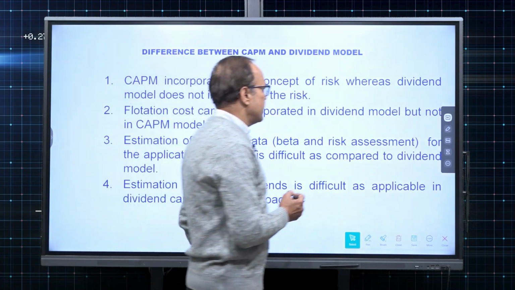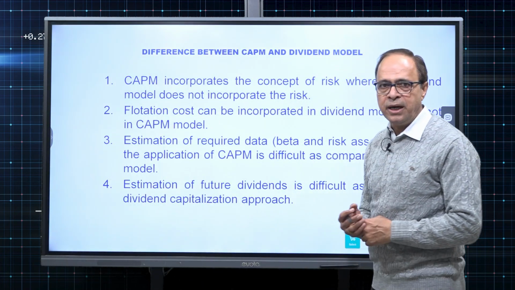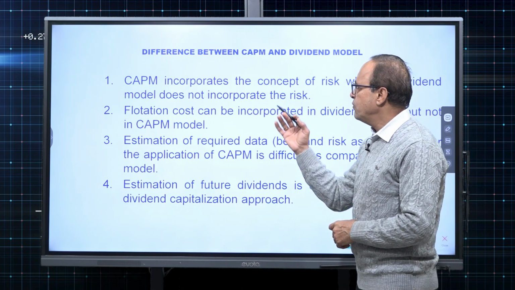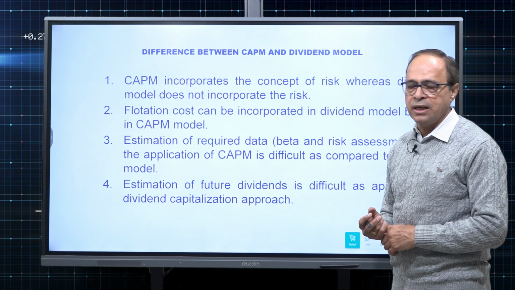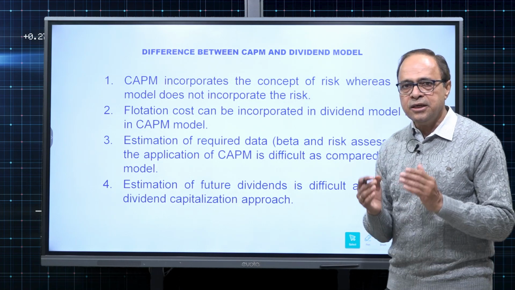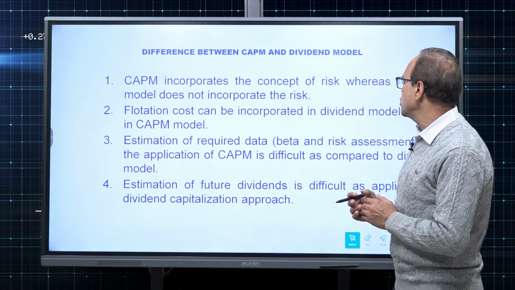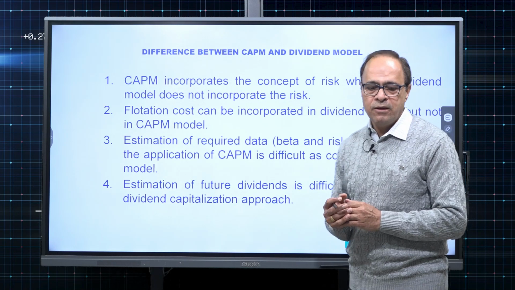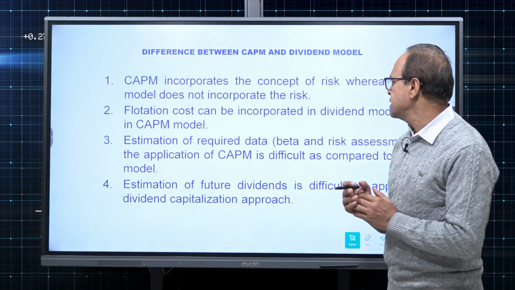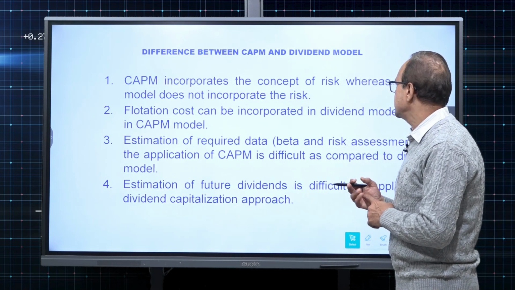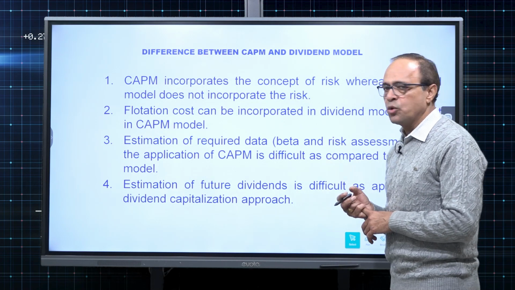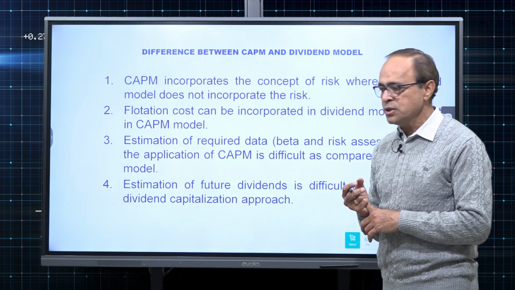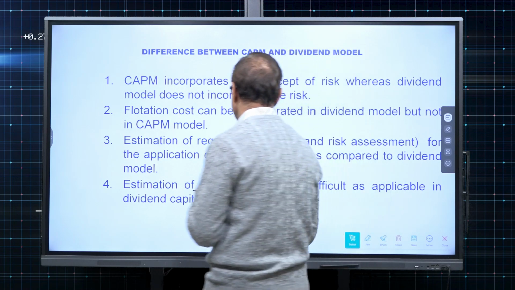So, now we can understand a little bit of the theoretical part, that what is the difference between CAPM model and the dividend capitalization model. In CAPM model, we incorporate the concept of risk, whereas under dividend capitalization model, we incorporate the concept of dividend. Flotation cost can be incorporated in the dividend capitalization approach, but not in the CAPM model.